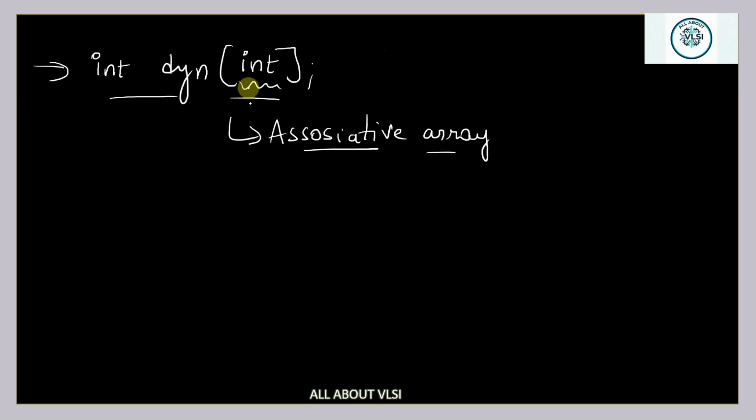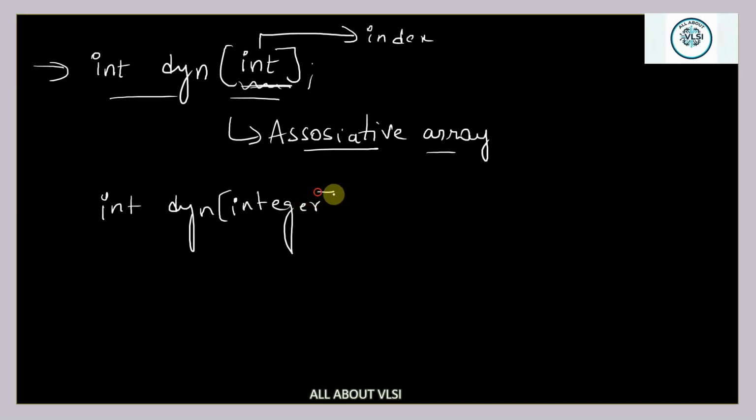But if you specifically mention that my index should be int, then in this associative array, the index will be of int type only. So this is nothing but my index. Let's say if I specifically mention that my index should be of type integer only, then the index will be integer only.